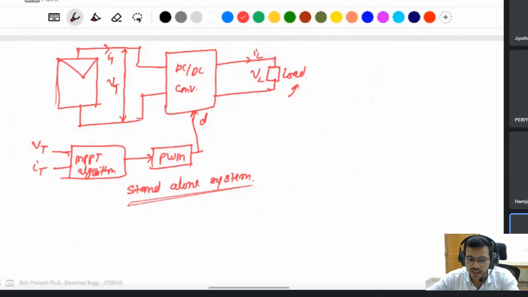You control the switches in such a way to supply current from the PV panel to the grid.